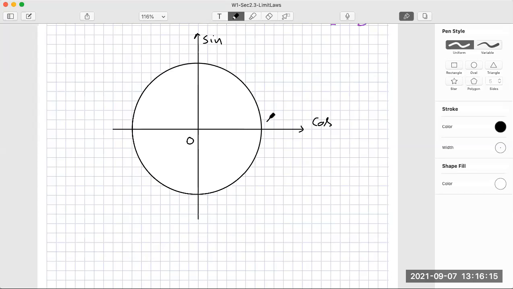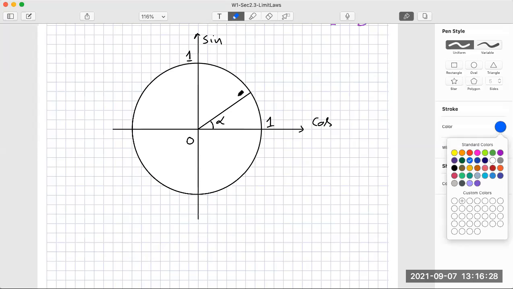This is 0, this is 1, the value and the angle here. Now, if we're given the angle alpha, we know how to find sine and cosine by projecting these two onto the sine and cosine axis, right?